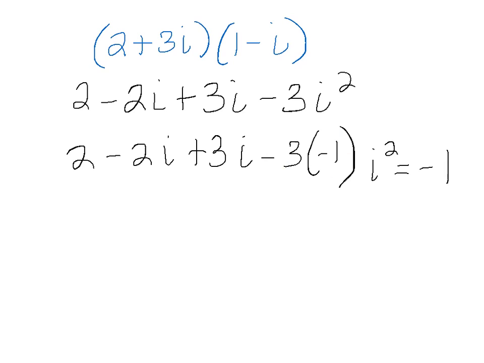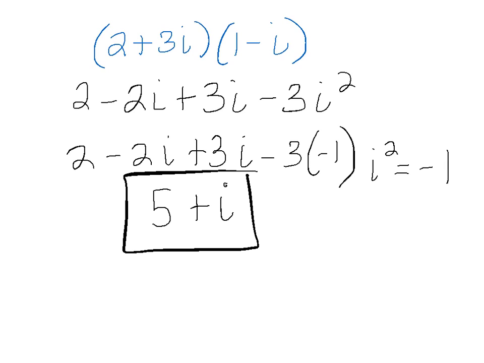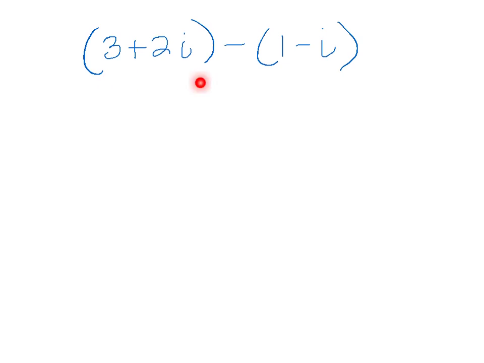This becomes a positive 3, so 3 plus 2 is 5. When I add my i's together, I end up getting plus i. So 5 plus i would be our answer. There are some problems that are this basic. All I need to do is multiply, add my like terms together, and remember that i squared is equal to -1.